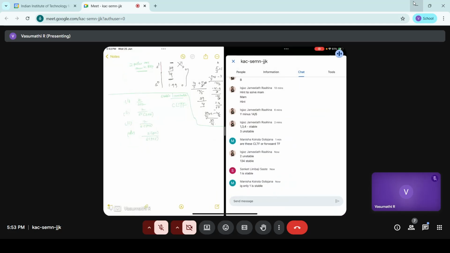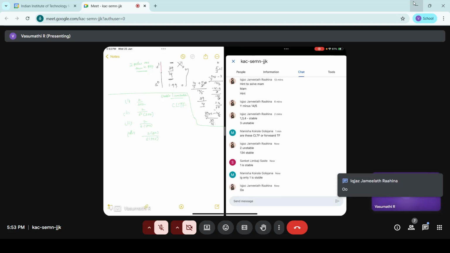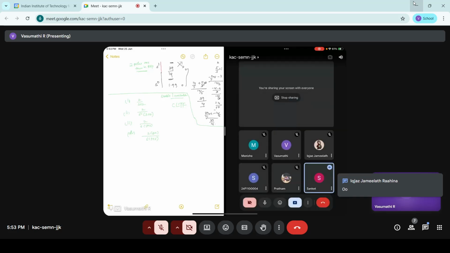Only one is stable, Manisha is telling. Pratham says: Ma'am, the second and second level both are partially stable. Partially means marginally stable, you want to say. Yes, ma'am. Marginal. Right, okay.